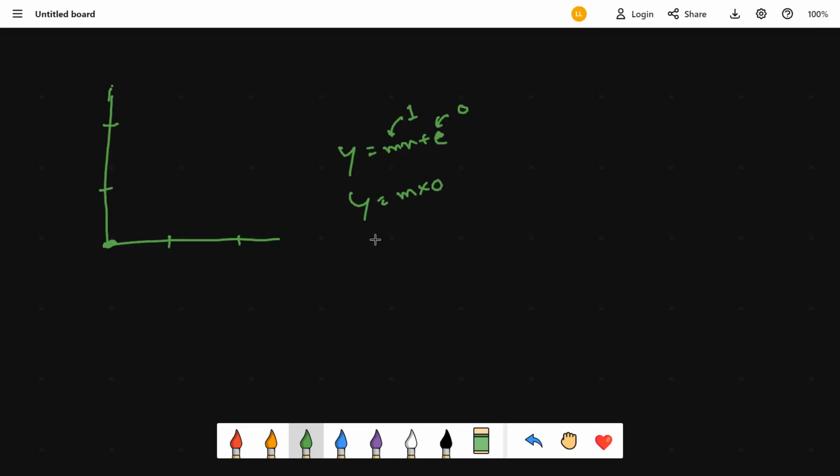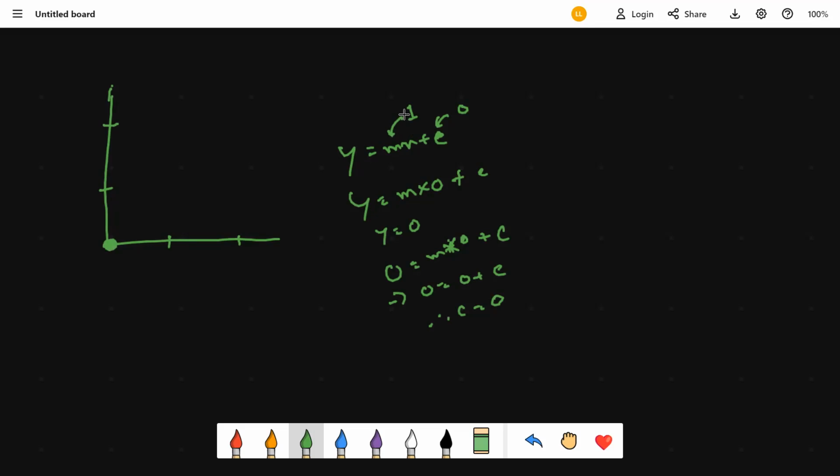So if we say that it passes through the origin, that means at x equals 0, y should also be equal to 0. That means 0 equals m into 0 plus c. So that means 0 equals 0 plus c. That means c equals 0, and c means the y-intercept. That means the straight line passes through the origin, as we have said.